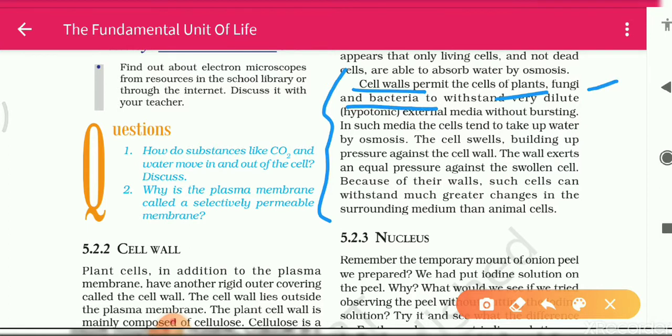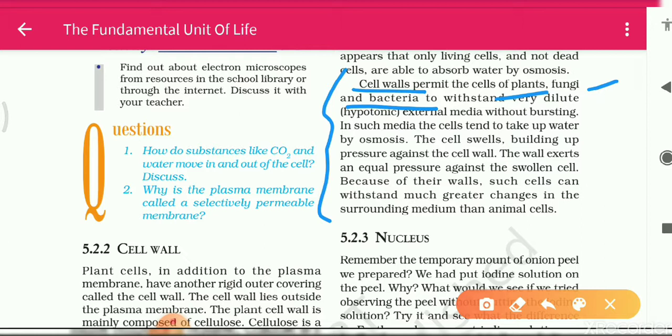And when we put the cells of plants, fungi and bacteria in a hypotonic solution, the cells will not burst. Why? Because of the presence of the cell wall. What is it, students? Hypotonic solution. Hypotonic solutions are those solutions in which the surrounding water is at a higher concentration as compared to the cells.